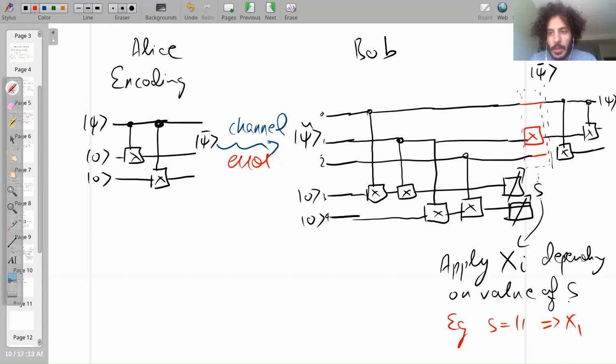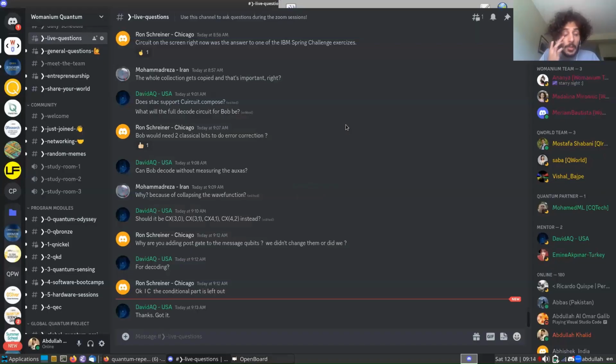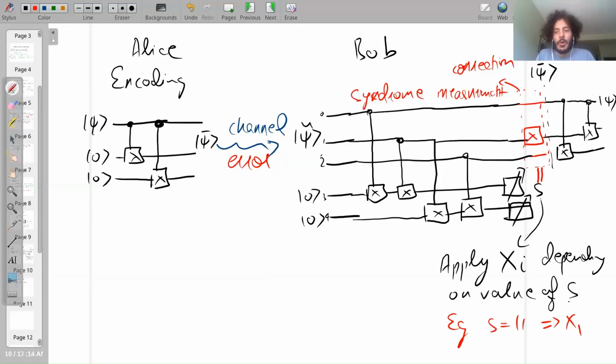So I can put it in boxes and say that conditioned on F, I apply some sort of decoding or correction, right? So this part is my correction, and this part is my syndrome measurement.